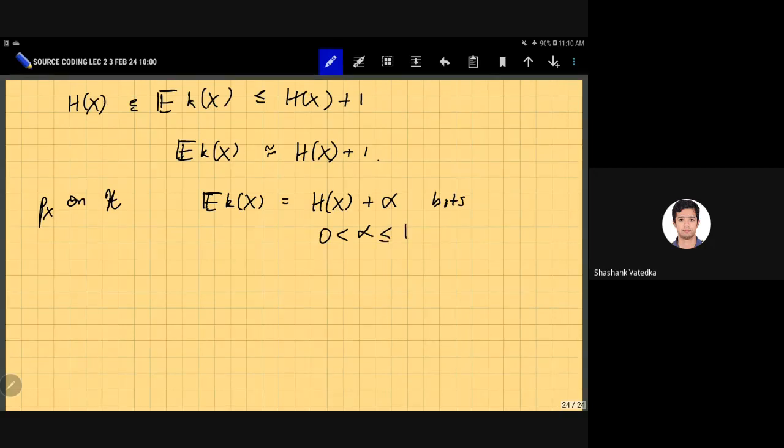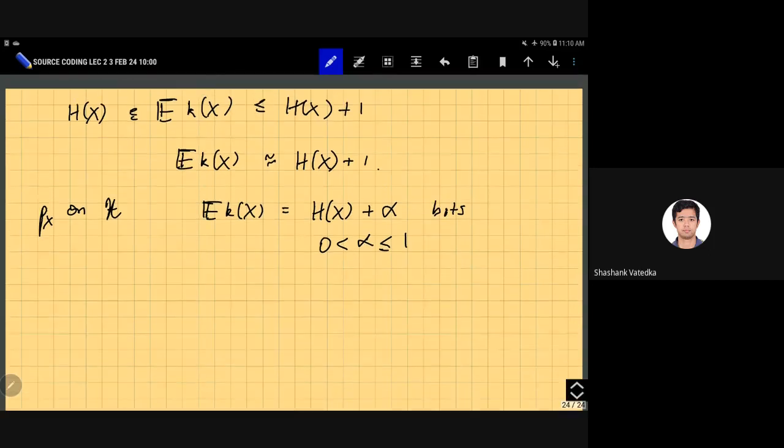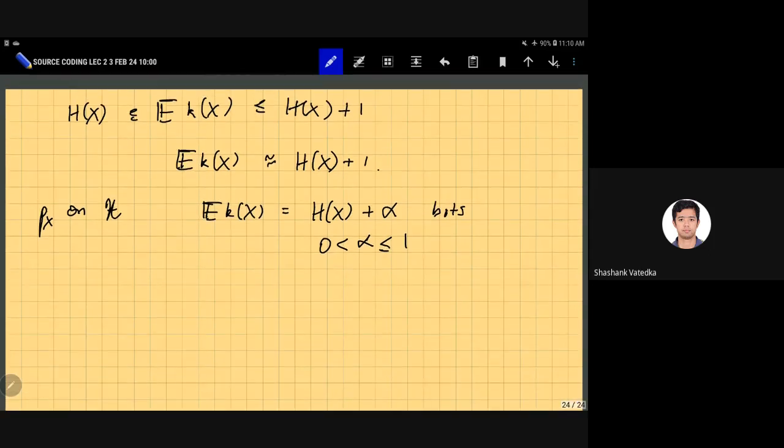It doesn't matter what alpha is exactly equal to, but alpha depends on P_X. This is the expected length achieved by the Huffman code for this particular distribution. Maybe the distribution is something like 0.3, 0.2, 0.1, and 0.4.